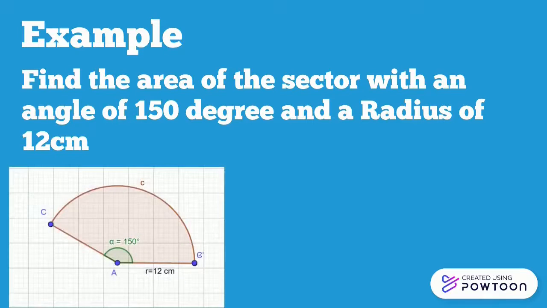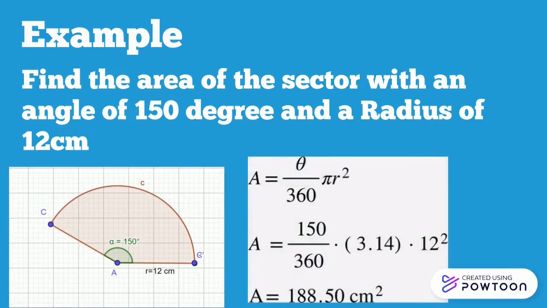If we plug these values into our formula, the sector area will be equal to 150 over 360 times 3.14, which is the approximate value of pi, times 12 squared. And if we multiply all of them together, we will reach the result of 118.50 centimeters squared.